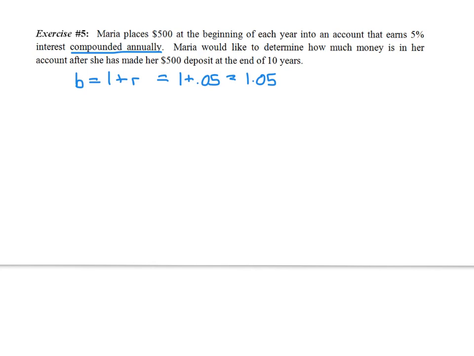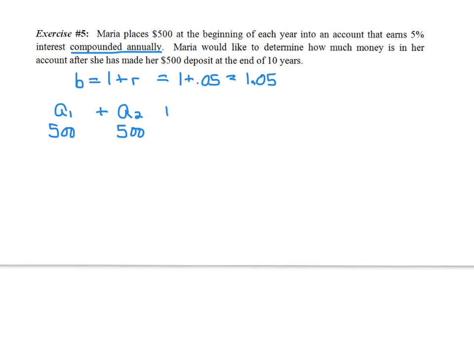Now, don't get confused on this problem because we're actually using a different definition of the letter R in this problem. We've got as the A1 her initial investment, $500. And then each year she's adding on another $500. But technically, the original $500 earned interest.